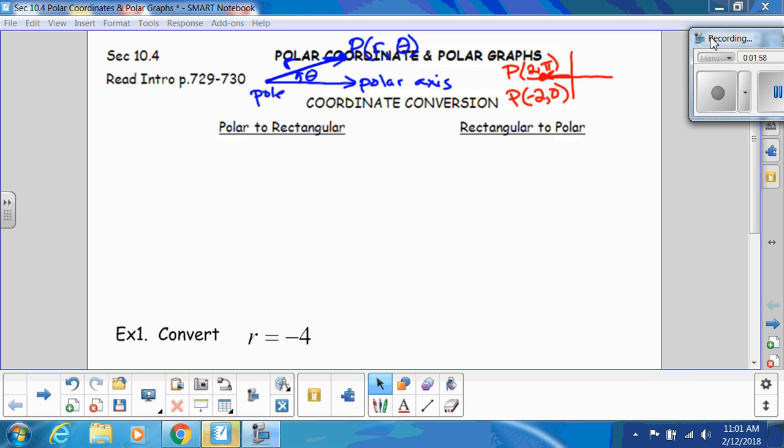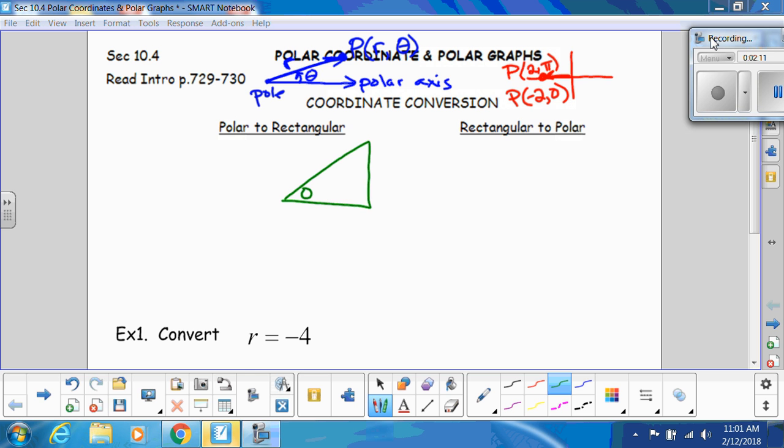Ways to convert from polar to rectangular: since we are working with angles and radii, it lends itself to trig. So remember, if I have this theta and this r, and there's my point, we would normally call that point x and y in rectangular form. So our x would be this side of the right triangle, the y would be that side.